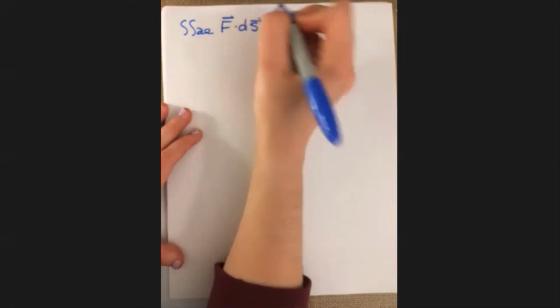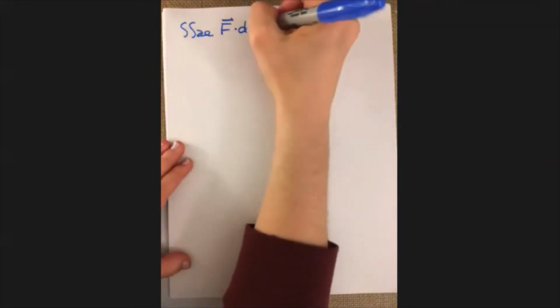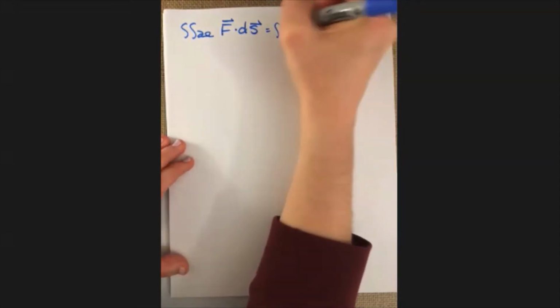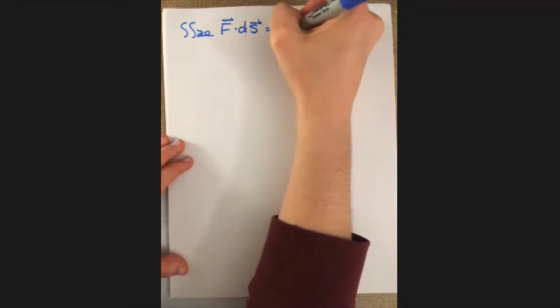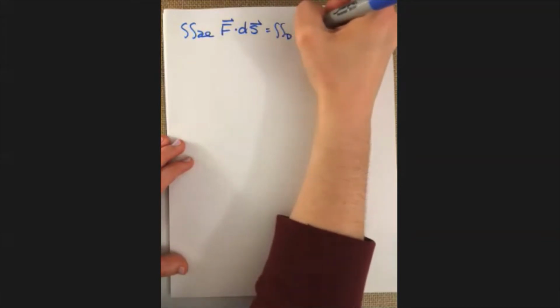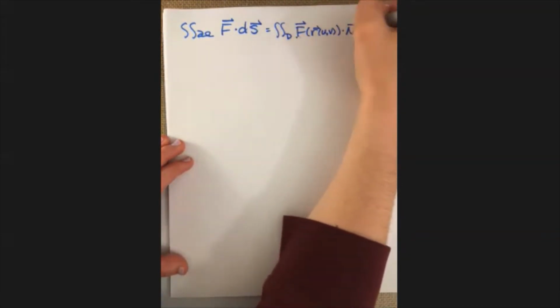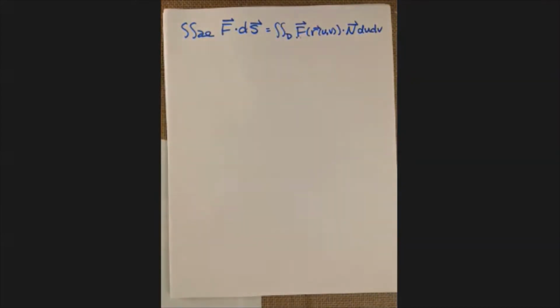So we have the flux integral of f dot ds. And remembering back to our previous video, this is equal to the double integral over D of f of r of uv dotted with n du dv, where r of uv is a parameterization for our surface.